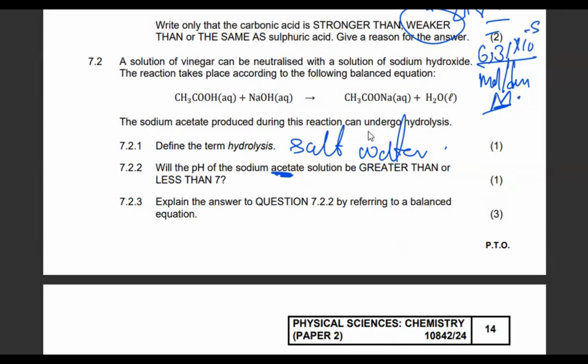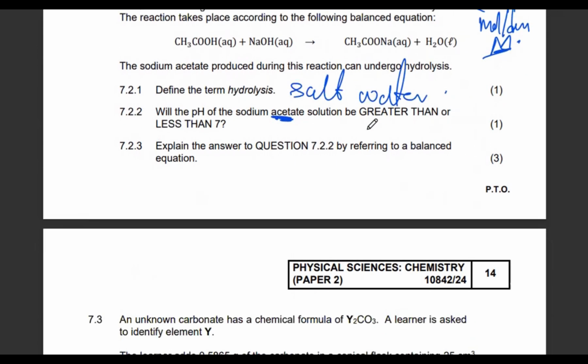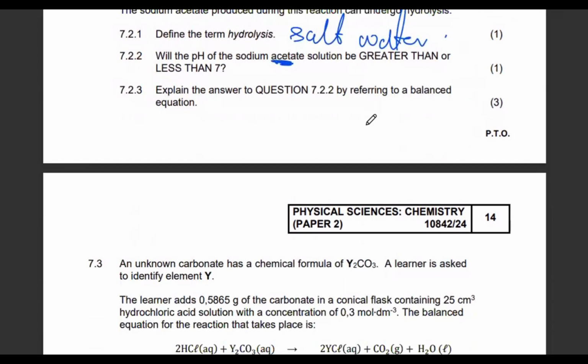Because sodium acetate is a weak salt. Since it's a weak salt, the pH is going to be a little bit higher. It's going to be more basic than acidic.